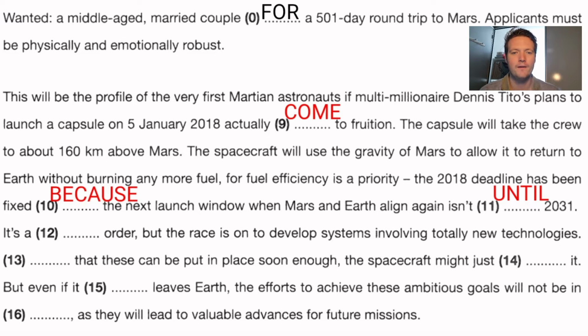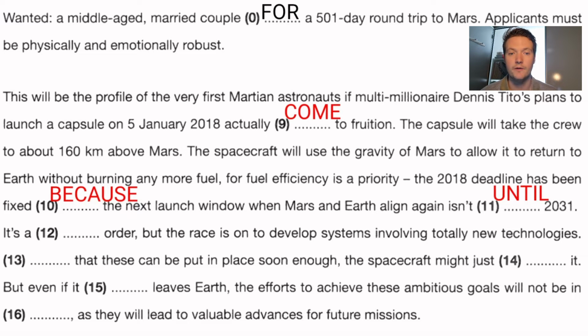But the race is on to develop systems involving totally new technologies. The race is on is contrary to what we've just heard, no? They're doing it. They're developing systems involving totally new technologies.